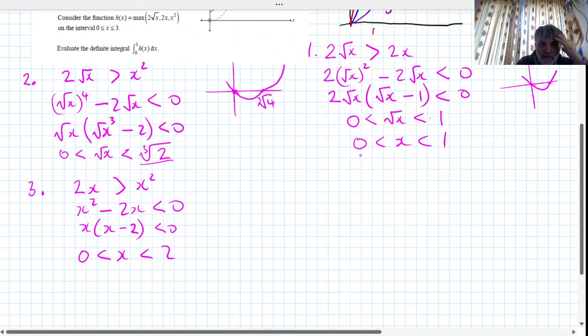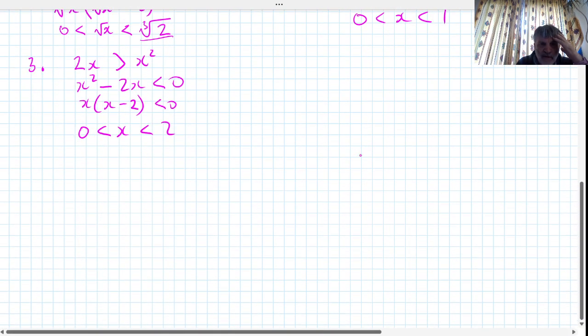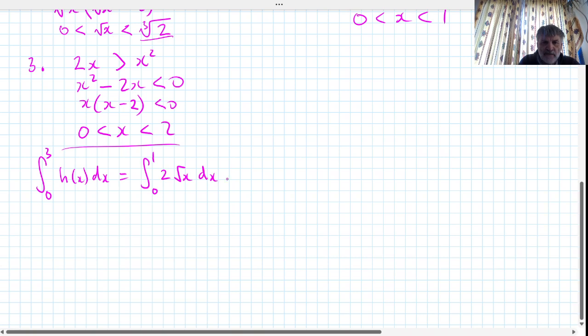So that means that our integral from 0 to 3, h of x dx, we can rewrite as the integral from 0 to 1, 2 root x dx, plus the integral from 1 to 2, 2x dx, plus the integral from 2 to 3, x squared dx.